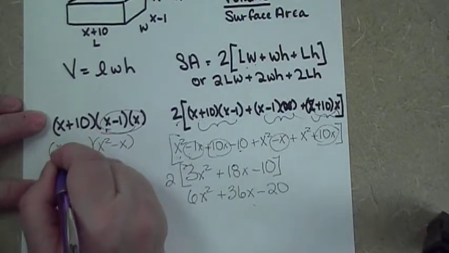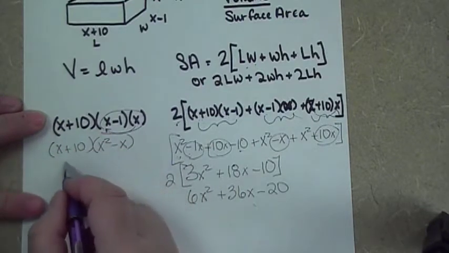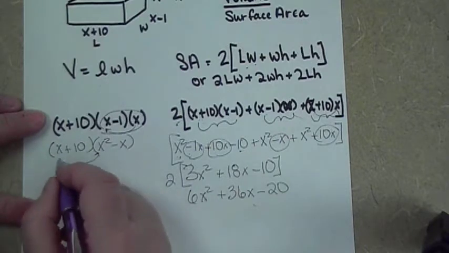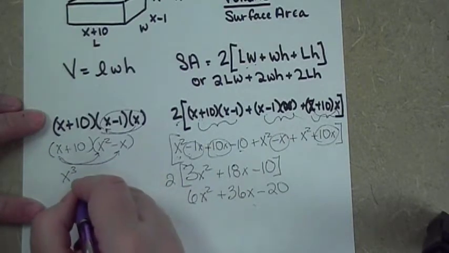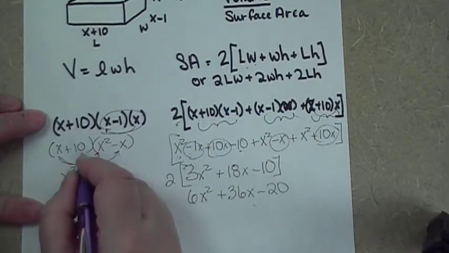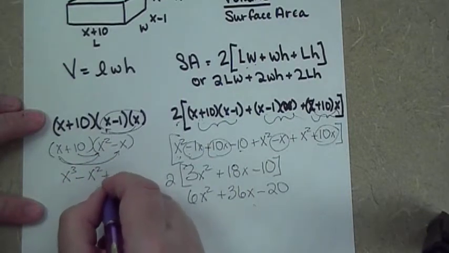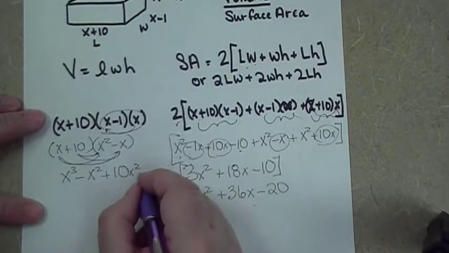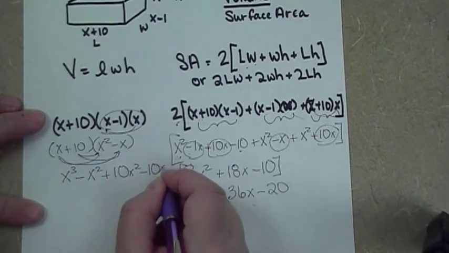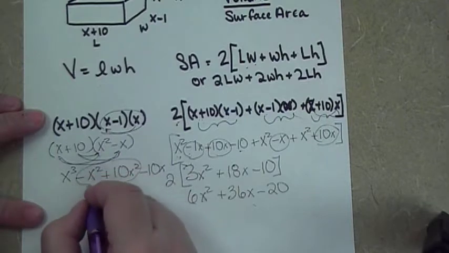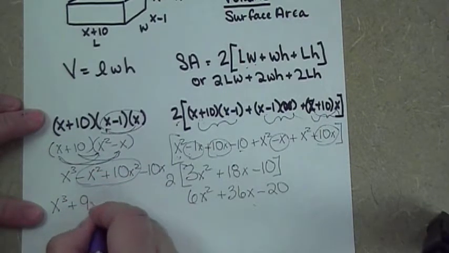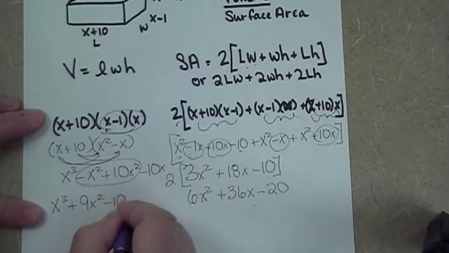Multiply it to this one, x plus 10. And FOIL that. x times x squared is x^3. That is minus x squared. 10 times that is plus 10x squared. And 10 times negative 1 is negative 10x. These go together. So we have x^3 plus 9x squared minus 10x.